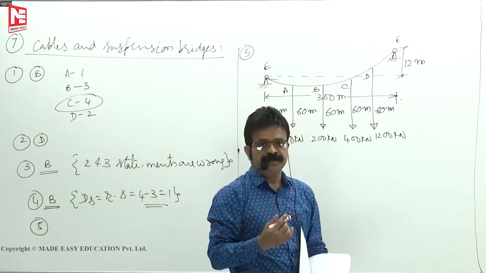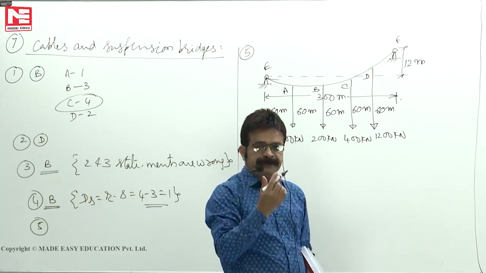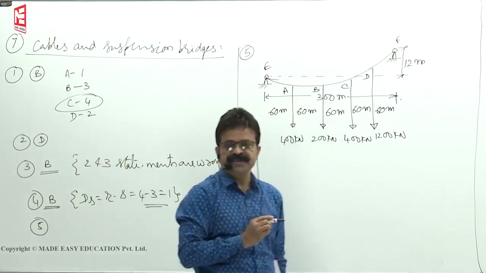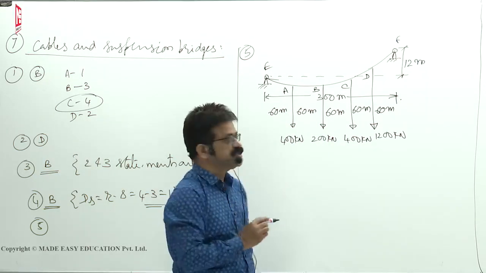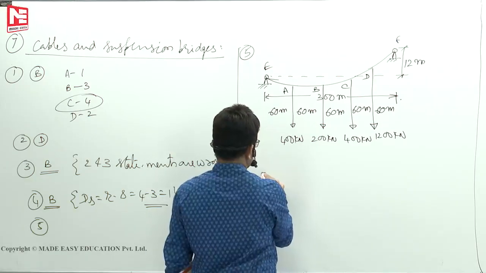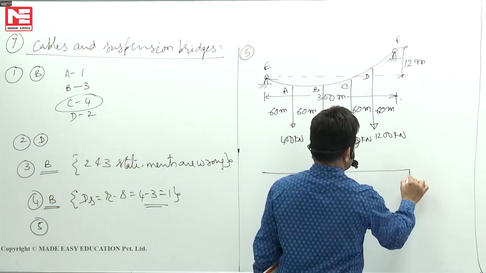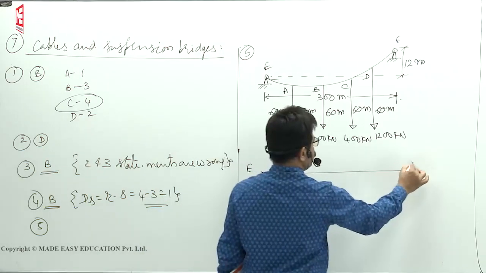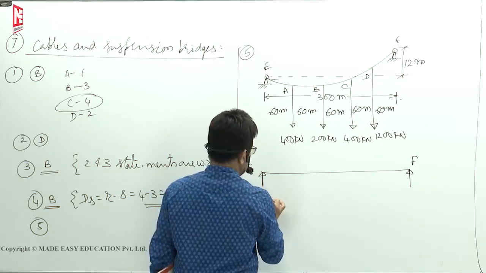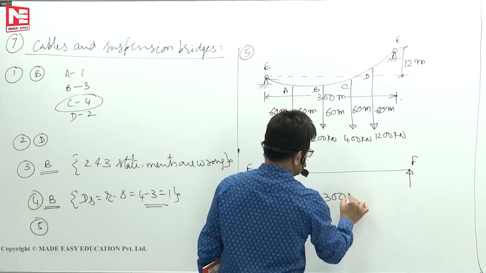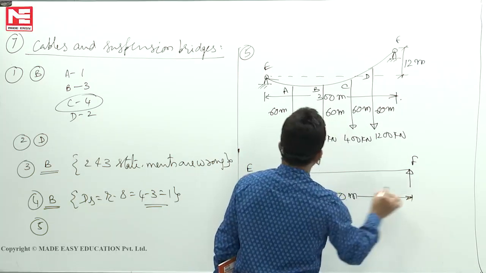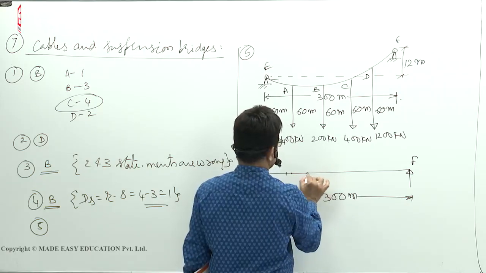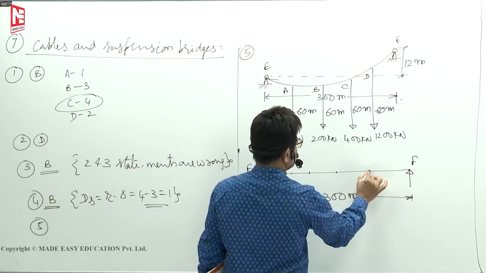The largest sag of the cable will happen where the bending moment is maximum in an imaginary simply supported beam subjected to the same loads. So you take a 300 meters span, with end points E and F. Total length is 300 meters. 4 loads are there: 1, 2, 3, 4.